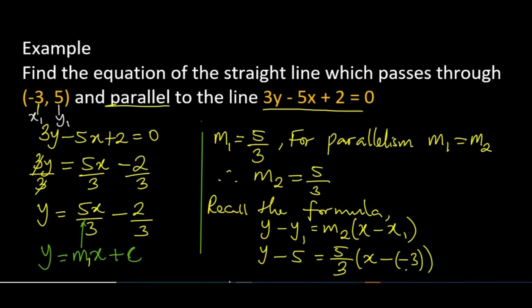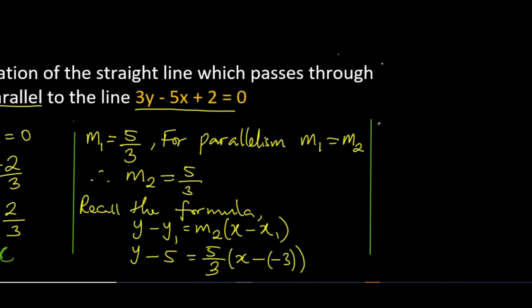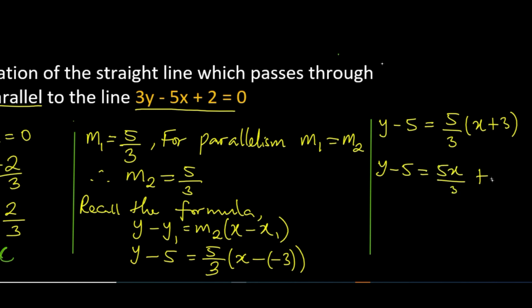Okay, we solve this now, and we have y minus 5 is equals to 5 over 3 into x plus 3. We use 5 over 3 to multiply everything inside. So we have y minus 5 is equals to 5x over 3, and 5 over 3 times 3 will give us 5.